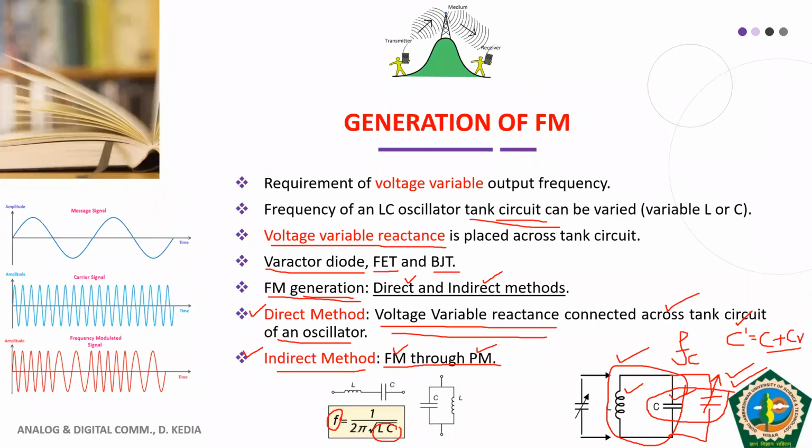This is also one of the points that further emphasizes that FM and PM are related. So I hope all of you have been able to understand the concept of generation of FM. Fine.